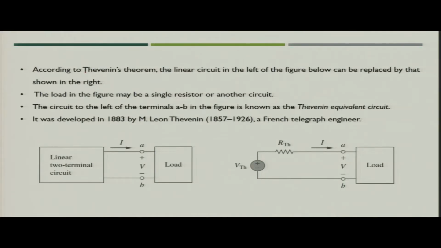Now according to Thevenin's theorem, the linear circuit on the left of the figure shown below can be replaced by that shown on the right. Imagine these are the two terminals of your plug point in the house, and external to that you will see a linear circuit.